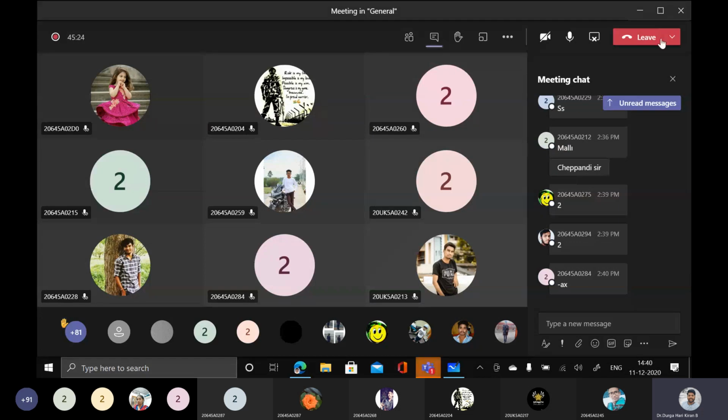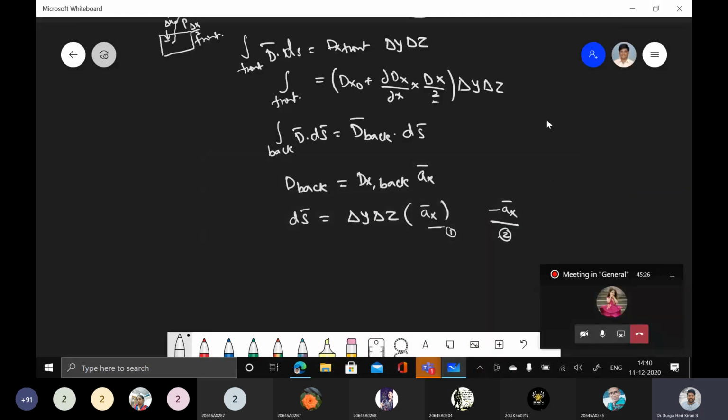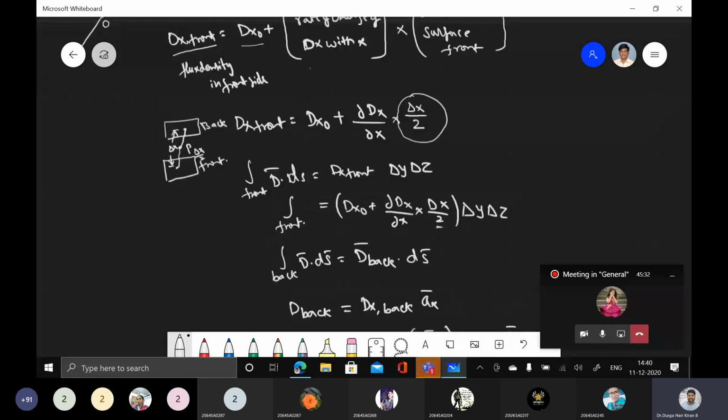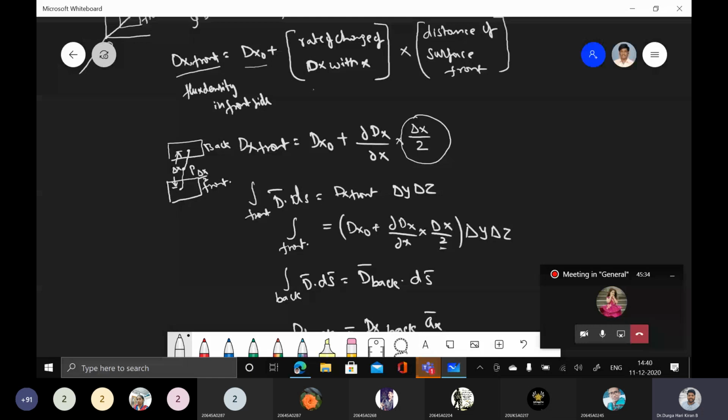Okay, let me explain once again how I said it here. When I am writing the Dx front on top, that is the flux density on the front side.